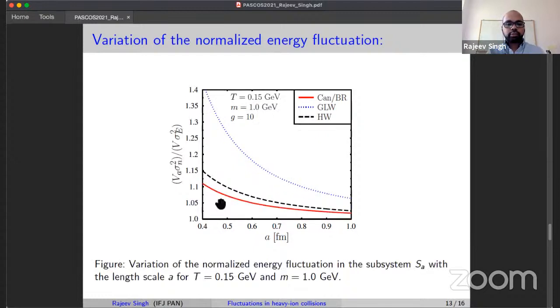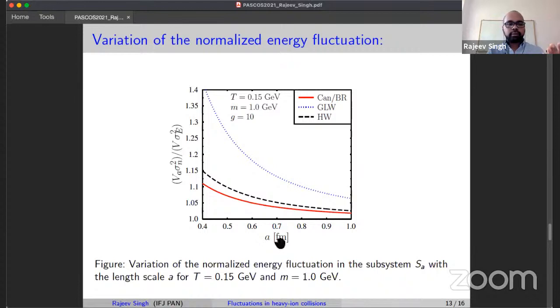You can ask why this A is starting from 0.4, because for a very small system size, going below 0.4, the fluctuation diverges. So this is the coarse graining, which can be useful for the heavy ion experiments.